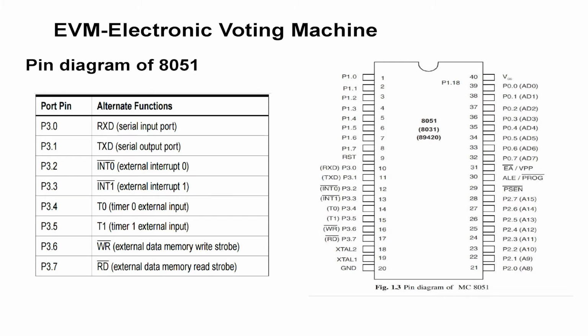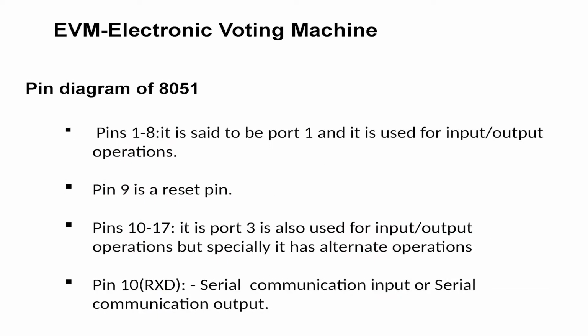Now this is the pin configuration of port 3. Pins 1 to 8 indicate, on the whole, port 1, a general purpose register. Pin 9 is the reset pin, likewise pins 10 to 17 are special purpose.